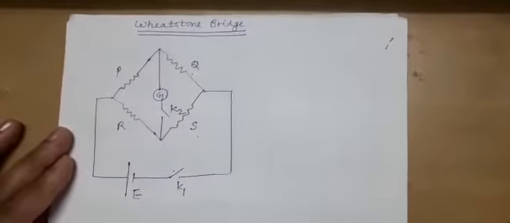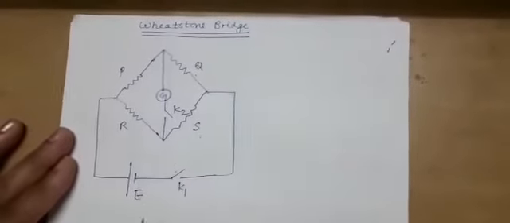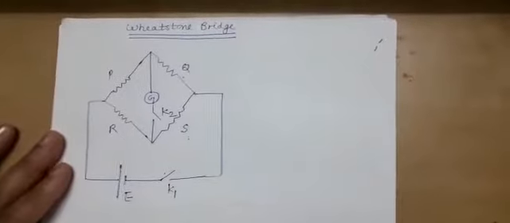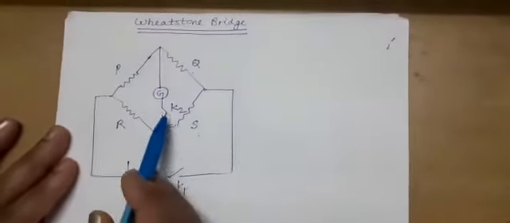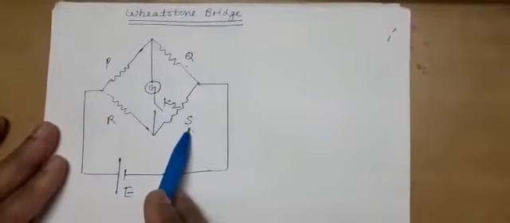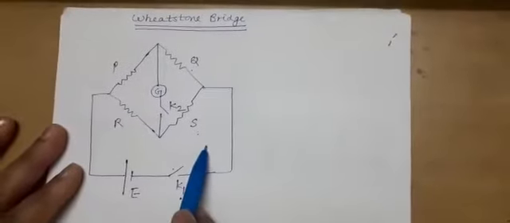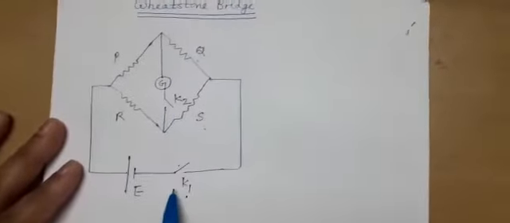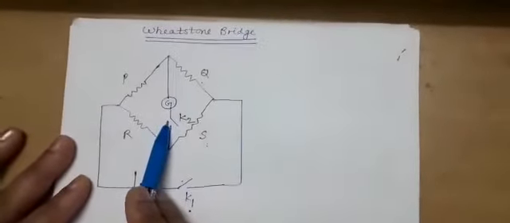Now here, the bridge is said to be balanced if, on closing first key K1 and then key K2, the galvanometer shows no deflection.